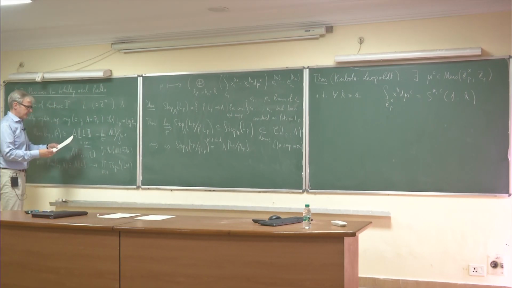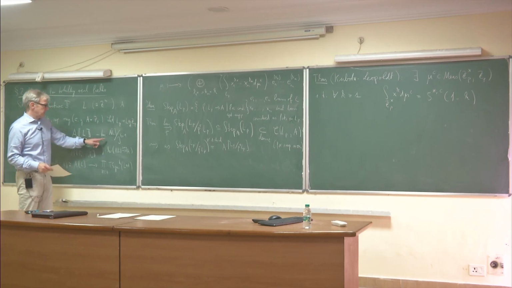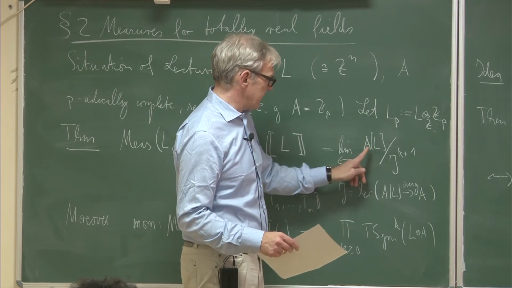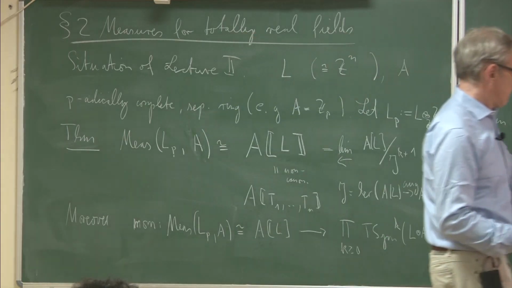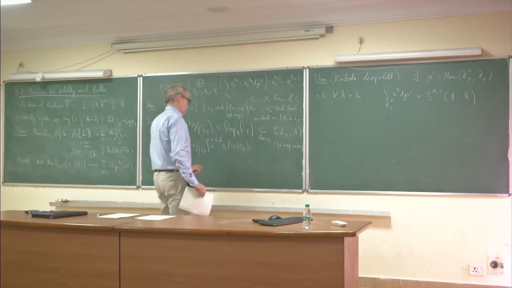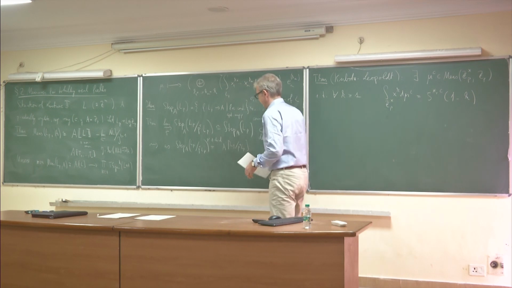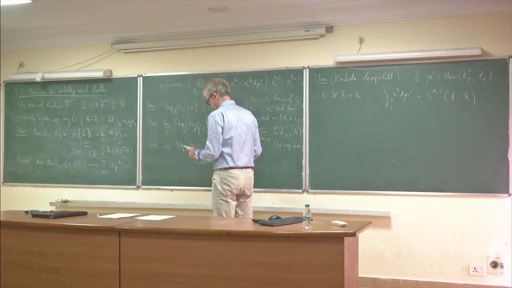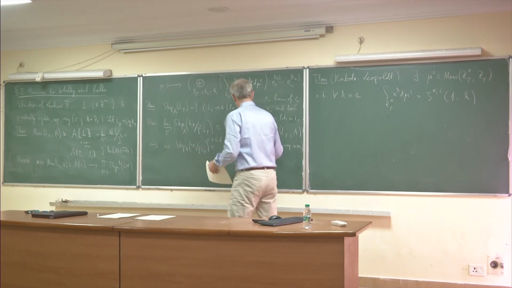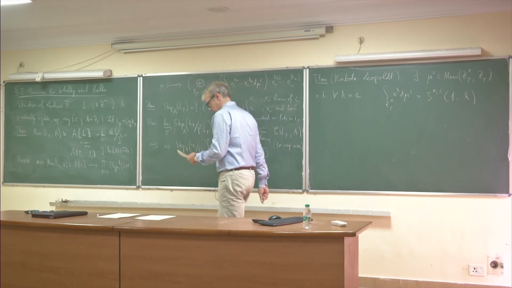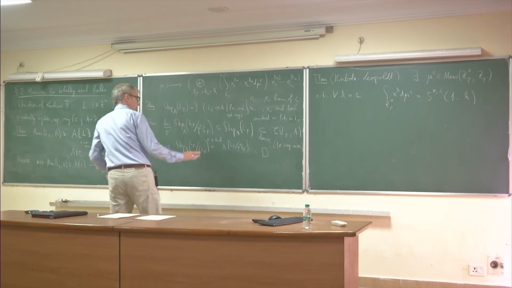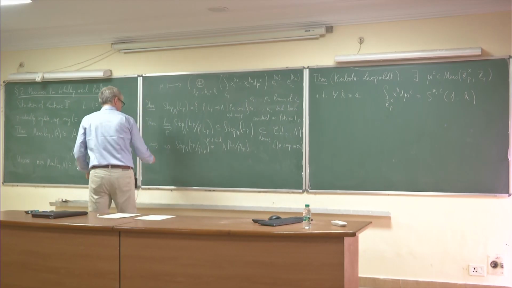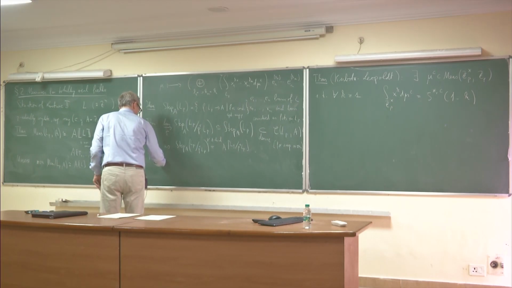And on the other hand, you can also see, because this is p-adically complete and separated, this limit here is also the same as this. Okay. Good. That's maybe just the idea here. So for the moment map, sorry, that was too early. So for the moment map, you consider the pairing.